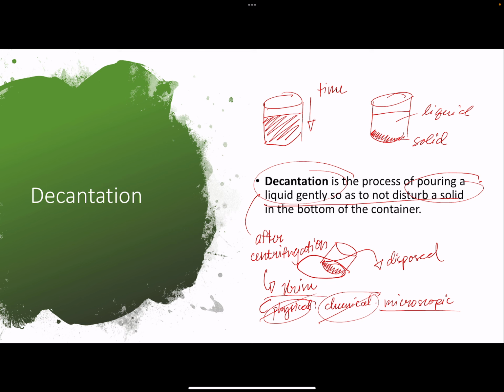You might think that your urine is purely water or purely liquid, but if you centrifuge it, you're going to notice sediments at the bottom. Okay, so we have settled particles at the bottom. That means that the urine contains certain constituents that are part of the urine and have to be examined through microscopic analysis.